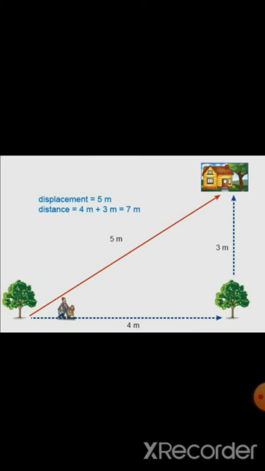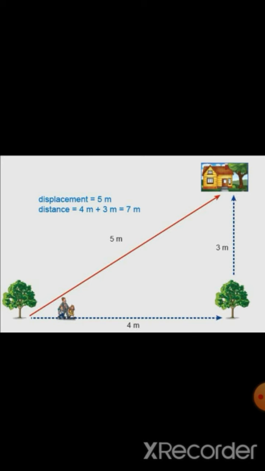First, he walks 4 meters towards the tree, and from the tree, another 3 meters towards the house. So the total path length traveled by the person is 4 meters plus 3 meters, 7 meters to reach his house. This is termed as distance.